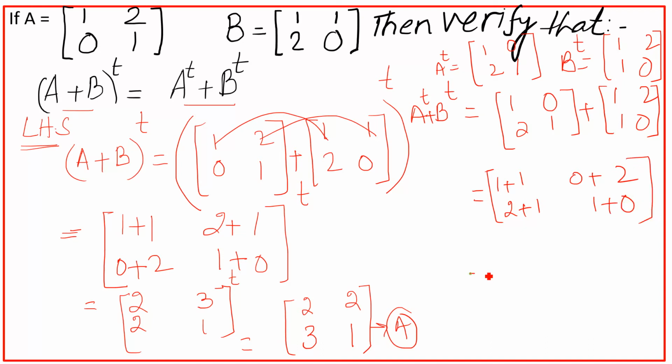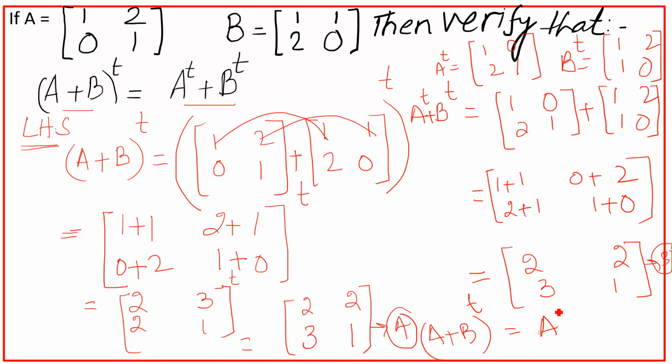Corresponding entries you have to add together. So A transpose plus B transpose is equal to 2, 2, 3 and 1. So this is the right hand side, and you will see the left and right both are same, 2 2 3 1, 2 2 3 1. So we have proved that A plus B whole transpose is equal to A transpose plus B transpose.